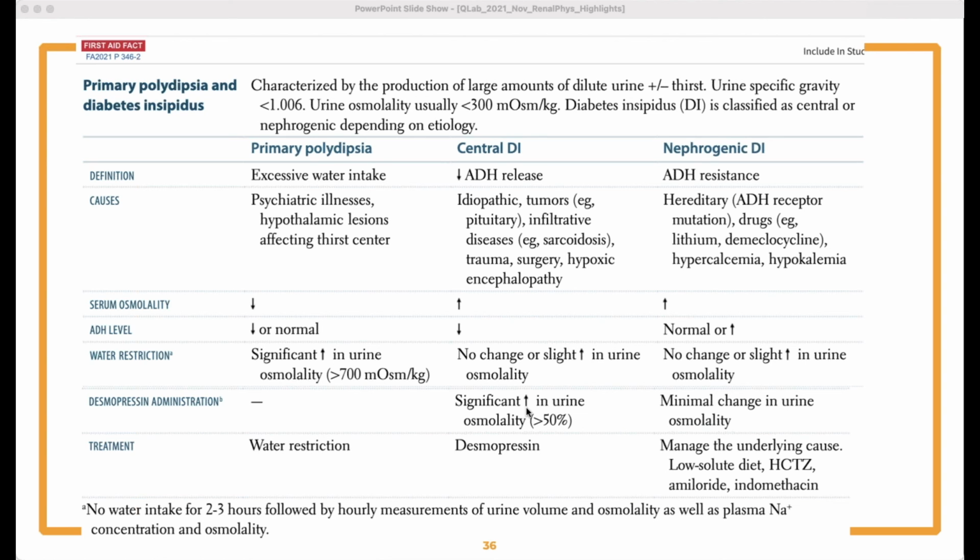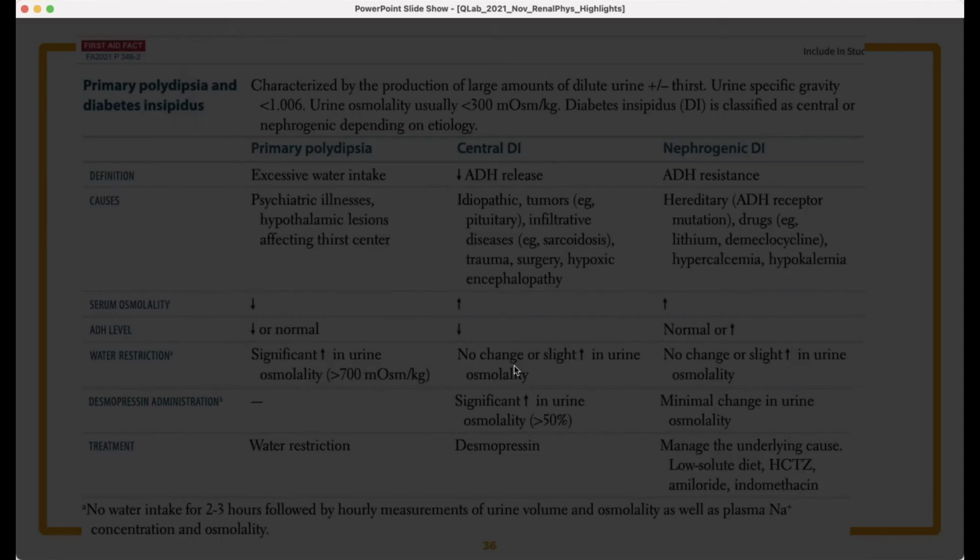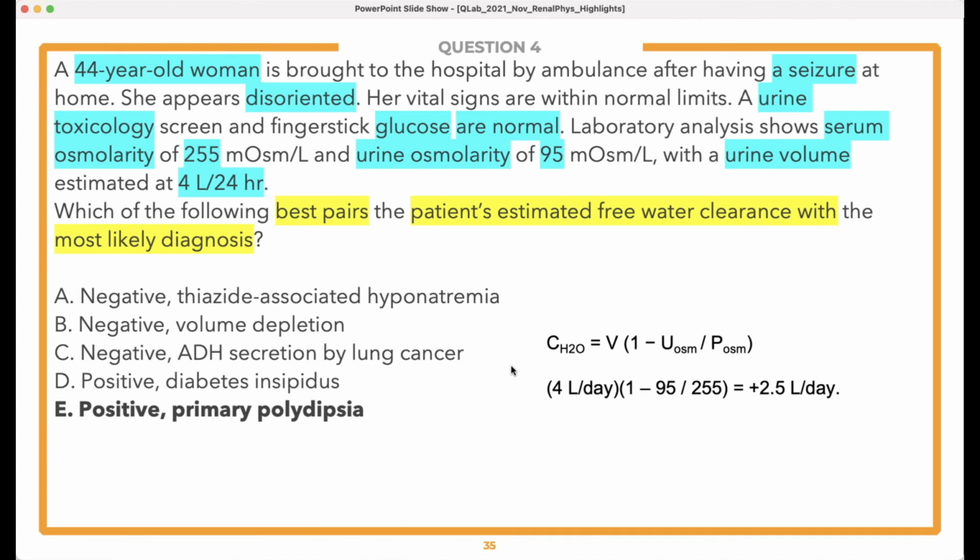Some of the causes of primary polydipsia: psychiatric illness causing someone to drink a lot, or if there's a hypothalamic lesion as well. Okay. So if we go back to our question, once we calculated that this patient had a positive free water clearance, we would then look at answer choice D and E, and we would say, well, this can't be diabetes insipidus because that serum osmolarity is too low. That would be high in DI. So this has to be answer choice E, which makes sense.